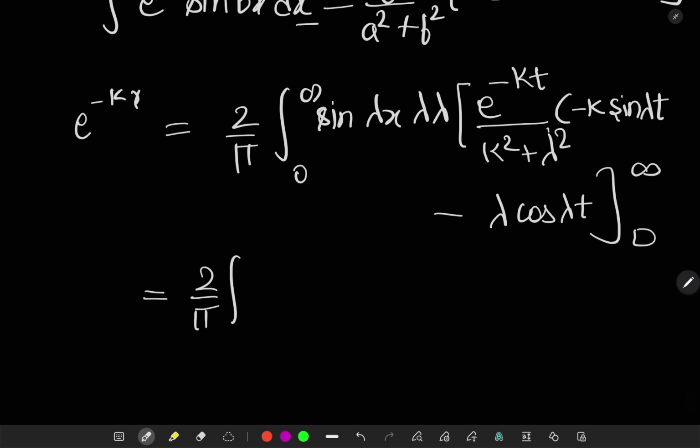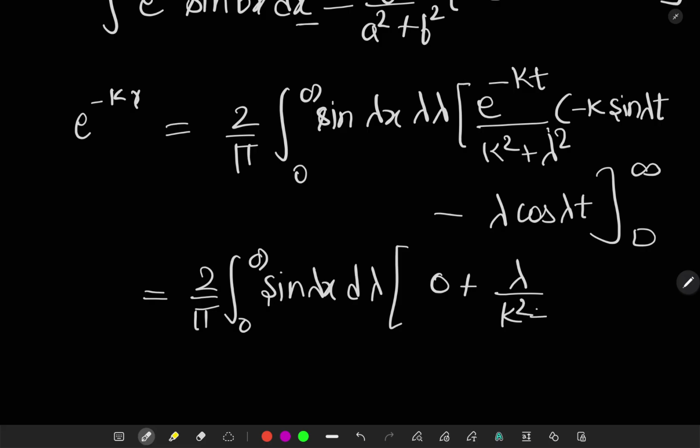Now putting this value, we get here 0 plus lambda by k square plus lambda square.